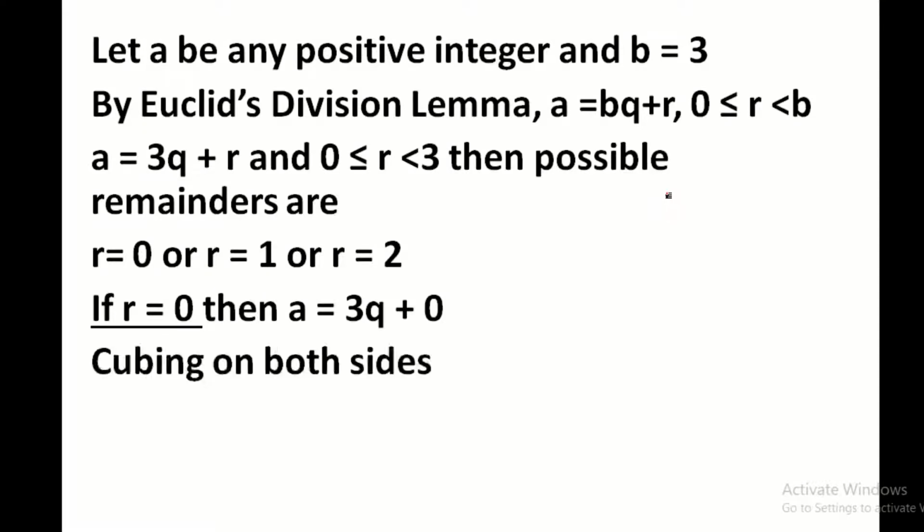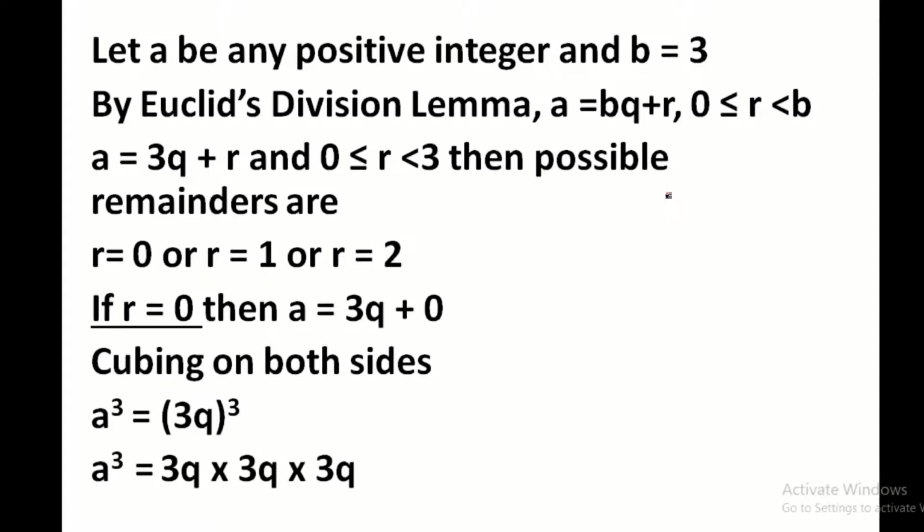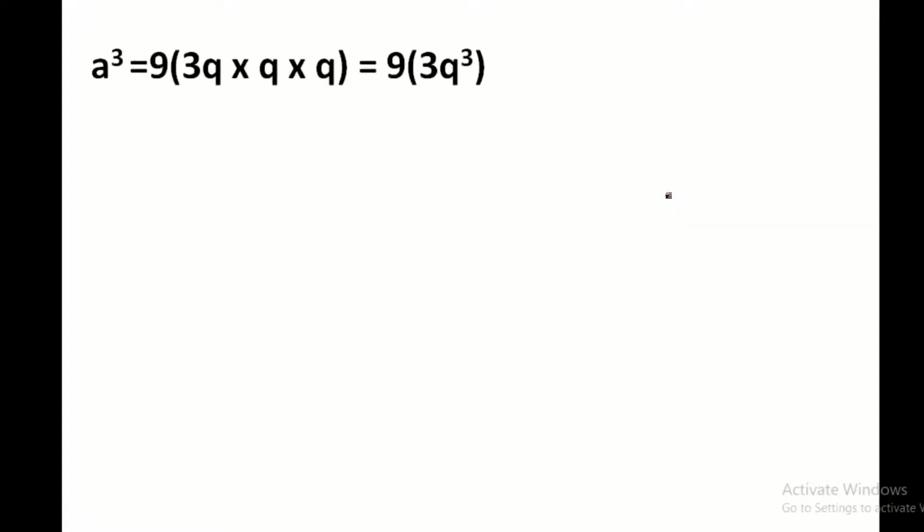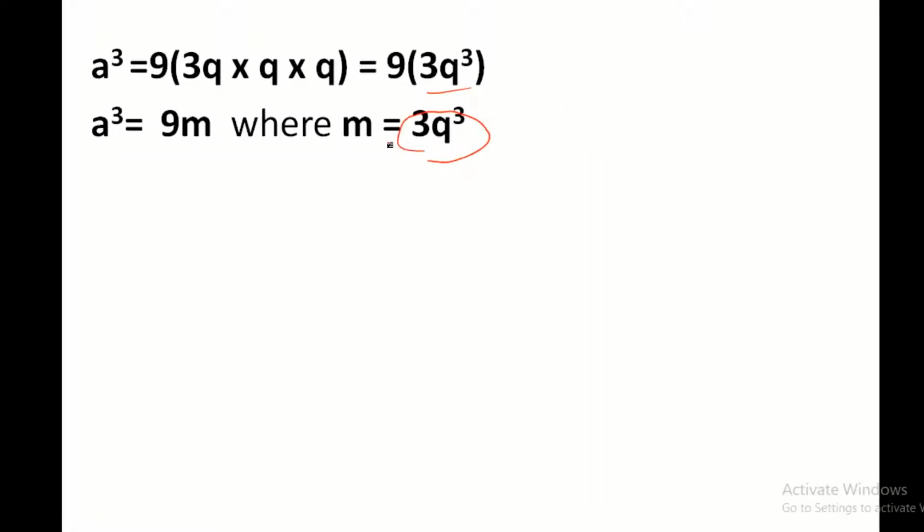Since we are asked to find the cube, we cube both sides. Then a cube is equal to 3q whole cube, which we can rewrite as 9 into 3q cube. Then a cube is equal to 9m, where we replace 3q cube with m.